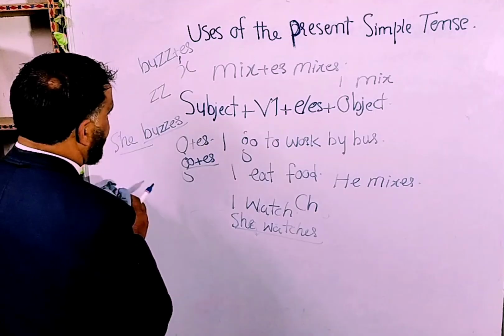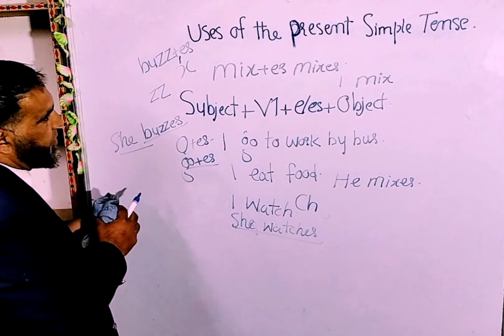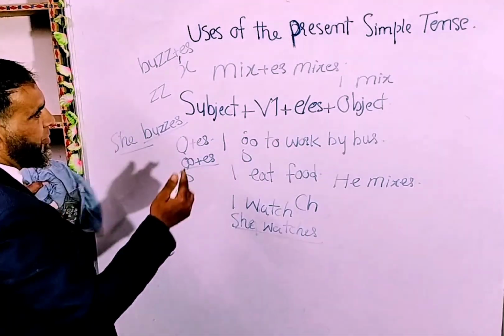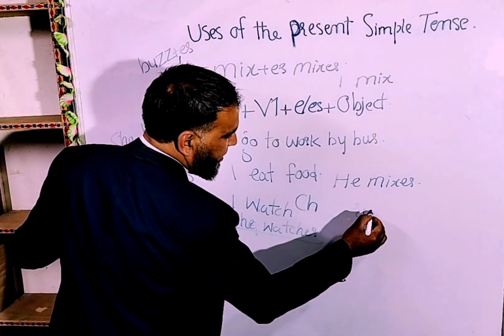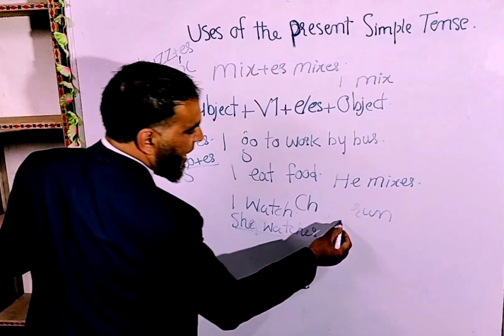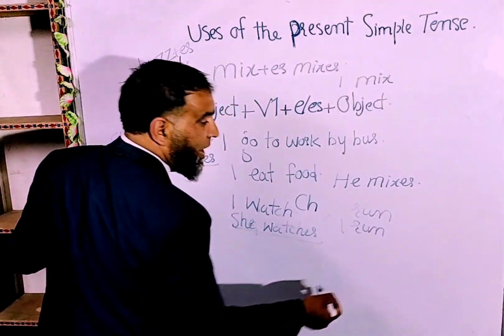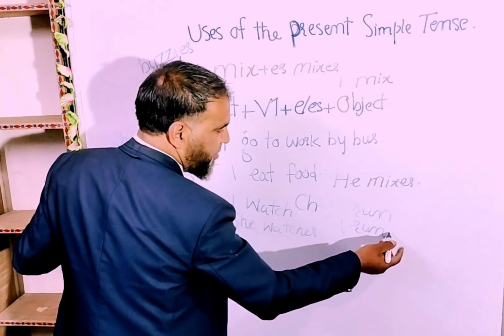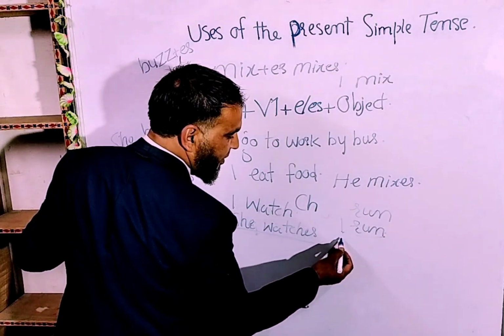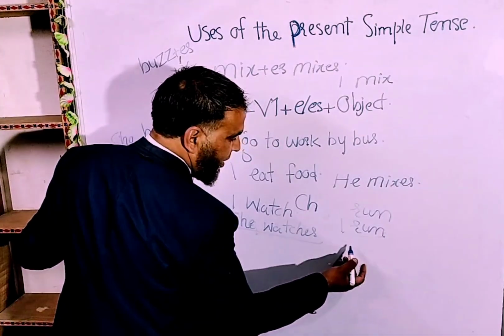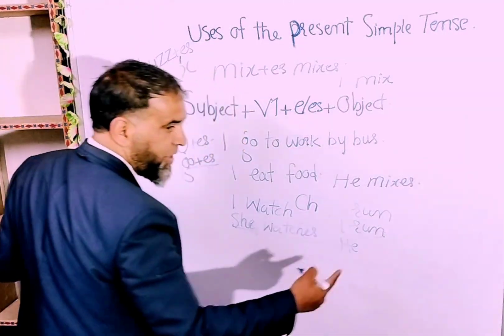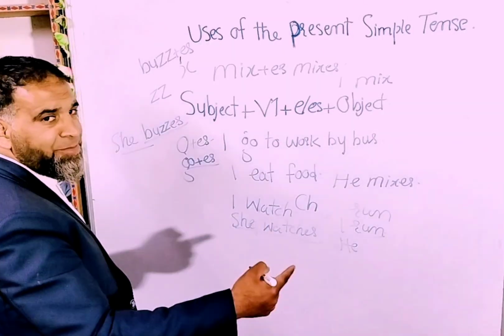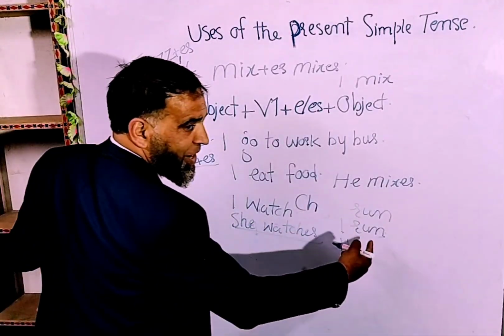So we need this ES. And normally, for example, run. I will say I run, the first form of the verb, no S. With I. But with he or she or it, everybody, a name, Tariq runs.